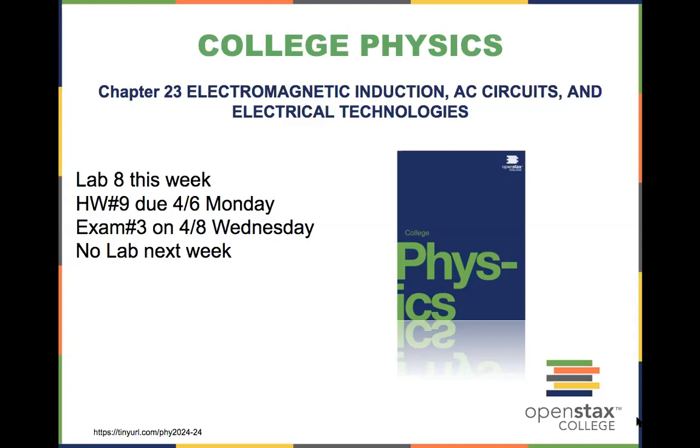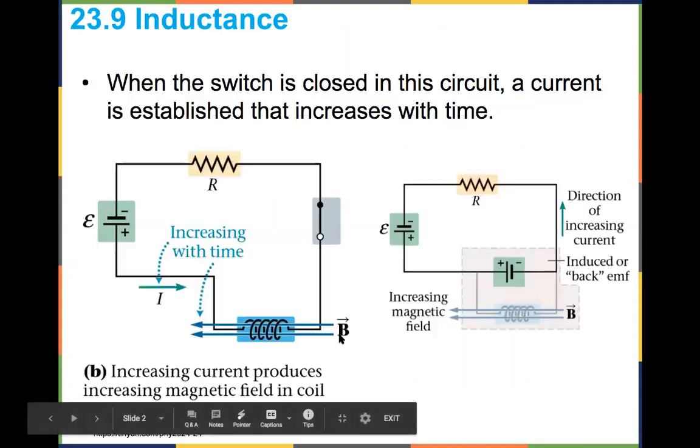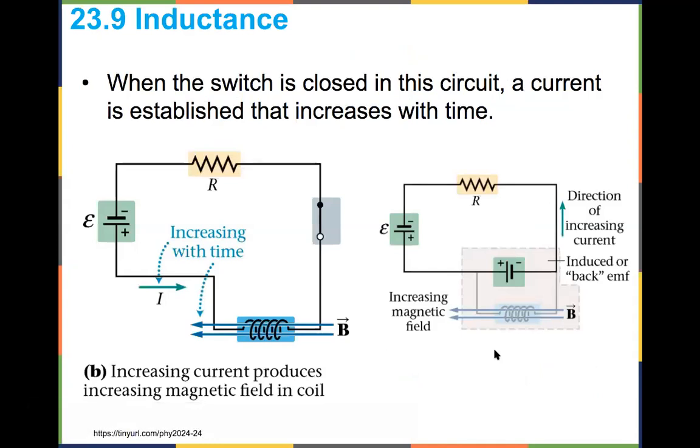Okay, so we'll get started on the lecture part here. Last time we talked about induction. So basically, if you have an inductor, which is a solenoid, or a few coils in the circuit, then it reacts to the current change in the circuit.